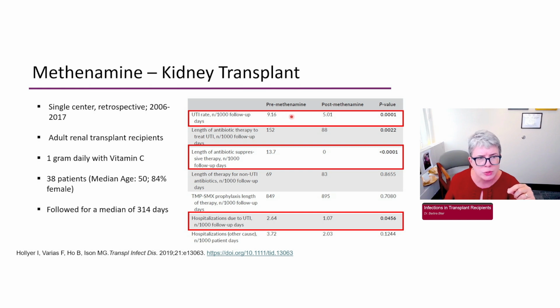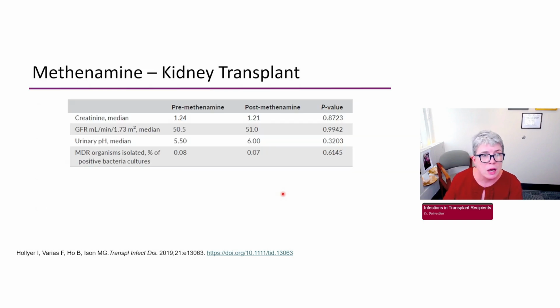UTI rate actually decreased when they gave their transplant recipients methenamine. Fewer people ultimately ended up on antibiotic suppression because they were using methenamine, and their rate of hospitalizations decreased with this, which is huge.